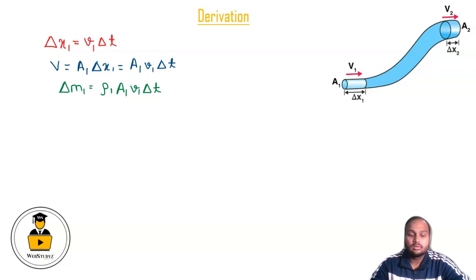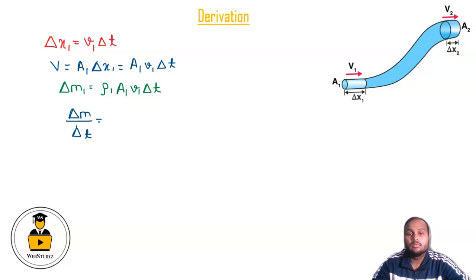Now similarly, the mass flux has to be calculated at the lower end. Mass flux is simply defined as the mass of the fluid per unit time passing through any cross-sectional area. So for the lower end with cross-sectional area A1, mass flux we can write as del m by del t.